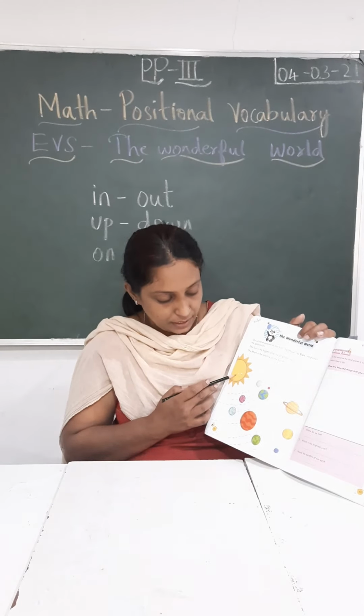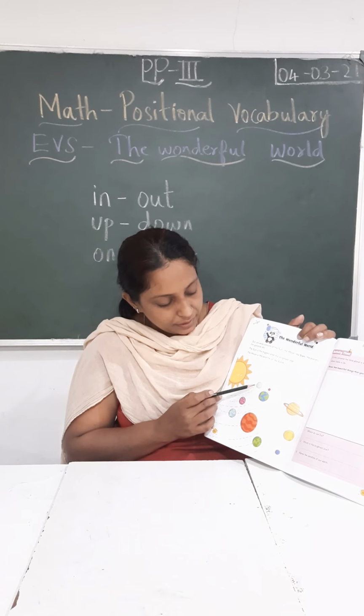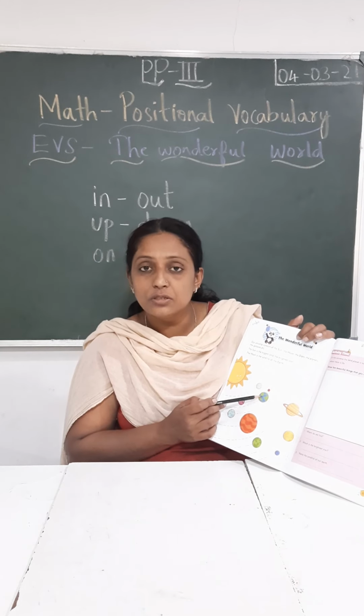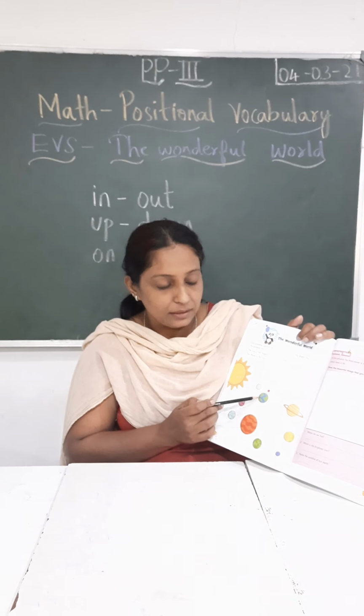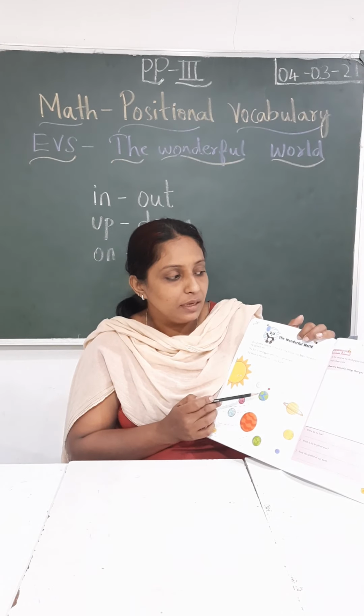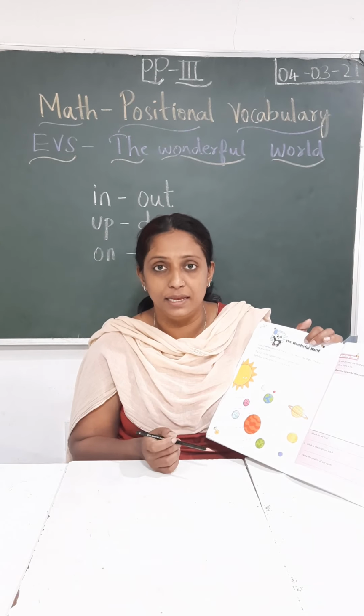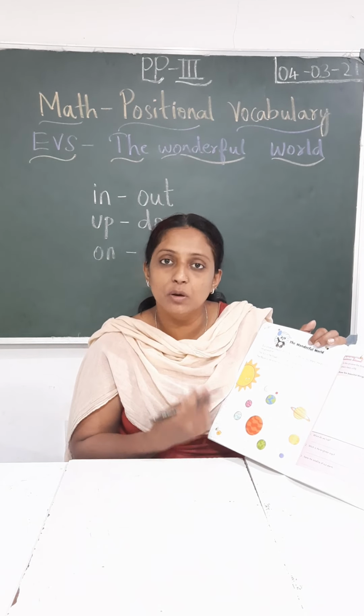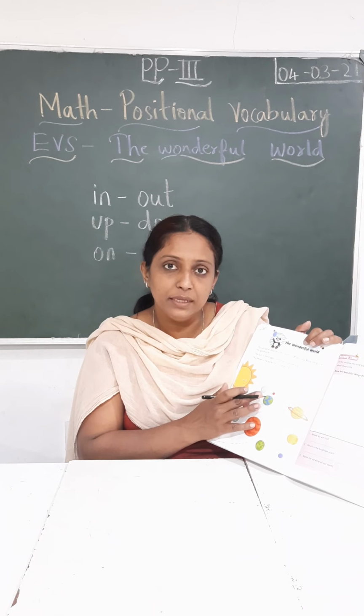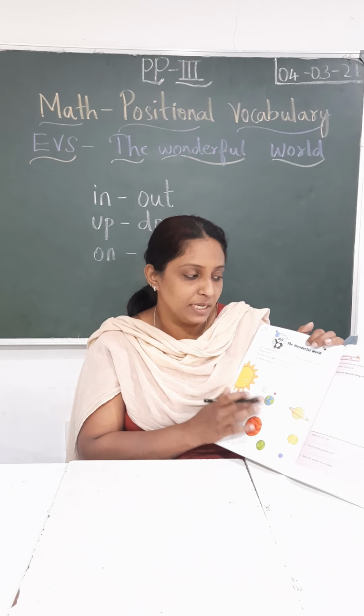If you see here, this is the sun and the third planet is 1, 2, 3. So Earth, the blue and green color planet, is called the Earth. The Earth is the only planet where there is life. Where we all live, we all have life. That is why this is the only planet which has life.